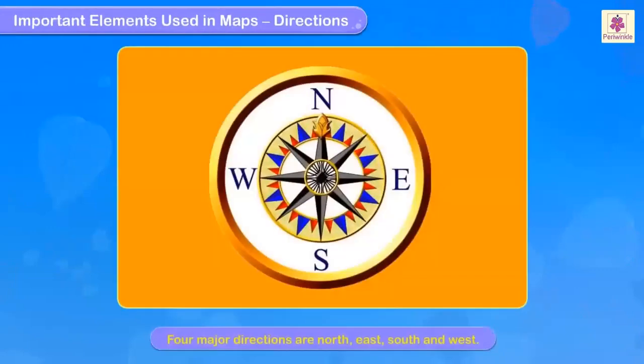Directions. The 4 major directions are north, east, south, and west. They are commonly denoted by their initials N, E, S, and W.